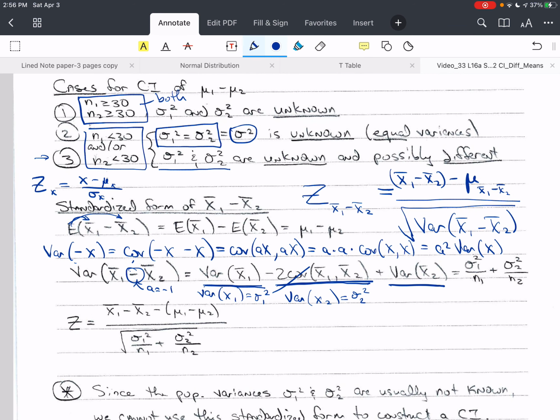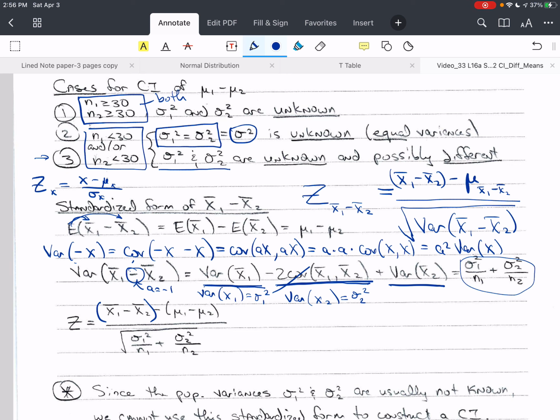Now we plug in. Here is x bar 1 minus x bar 2 minus its expected value, which is mu 1 minus mu 2. Notice the parentheses. These are important. Do not leave them out, or you will end up with the wrong number. And then over the square root of this whole quantity.